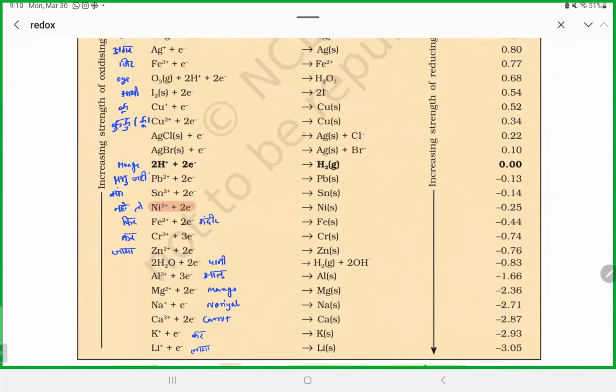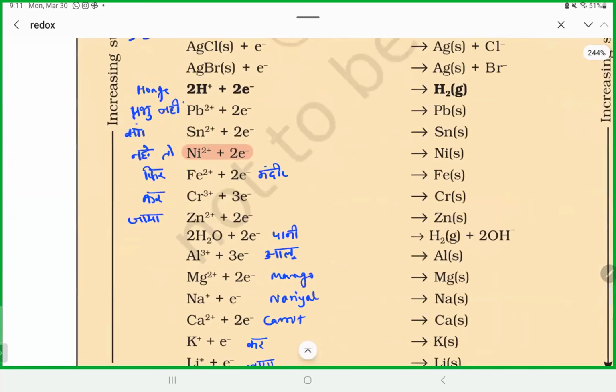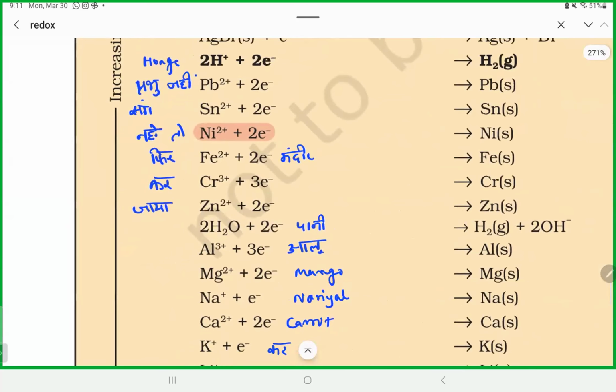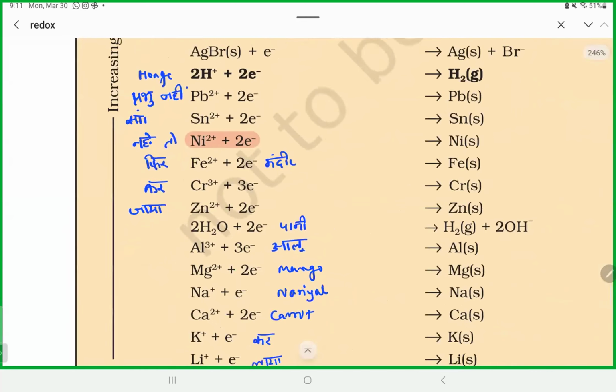Li, K, Ca, Na is the mnemonic. So you should know this sequence because sometimes they can ask which undergo oxidation and which undergo reduction.